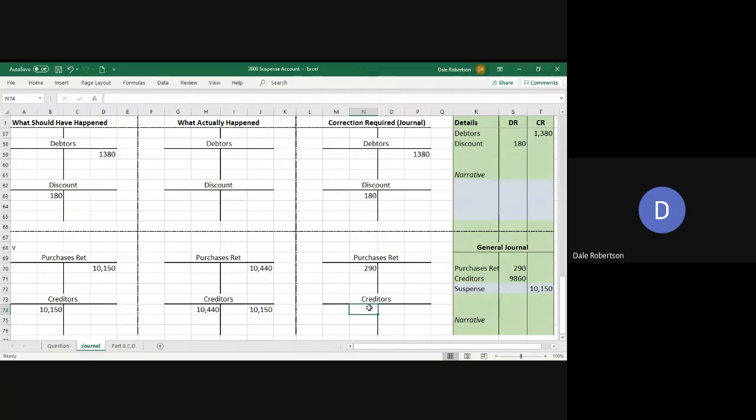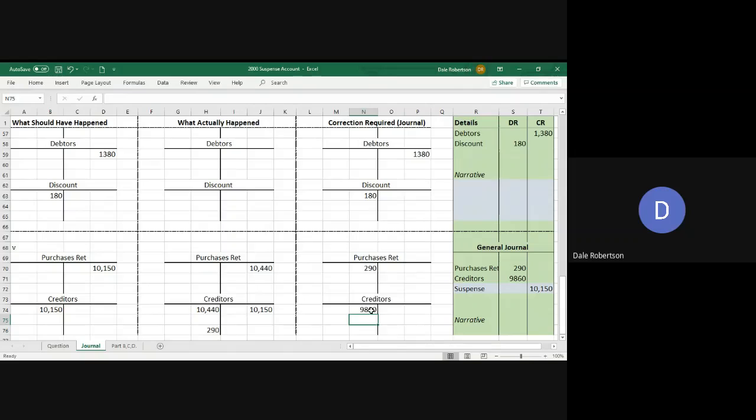Then you have to look at the creditors. Now, what is the actual existing balance in creditors? Well, if you were to balance this account here at the moment, I think you'd probably come up with 290 on the debit side. But of course, we wish it to be 10,150 on the debit side. So therefore, we need to add significantly to this. We need to add the difference being 9860 on the debit side to bring this situation up to this 10,150.